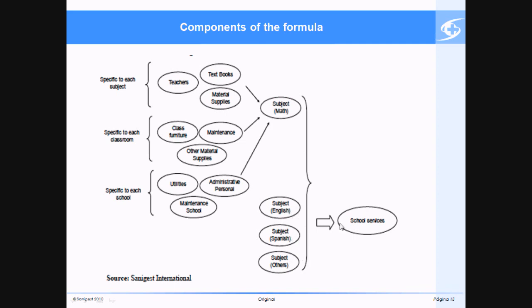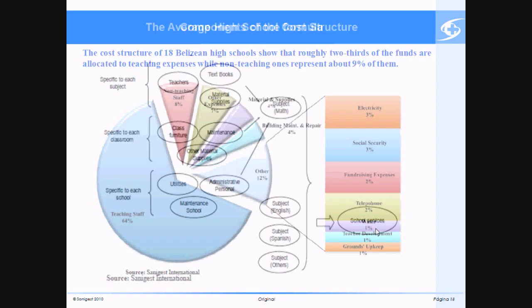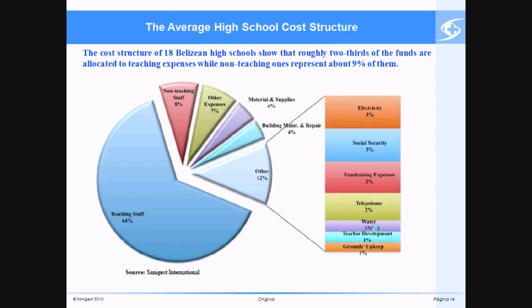This we estimated as the cost of delivering the 40 credits per week of school services. We then took that cost and we were able to determine its breakdown in terms of the teaching and non-teaching, other expenses, materials and supplies, utilities, etc. And this is how we estimated what the child costs at 40 credits.